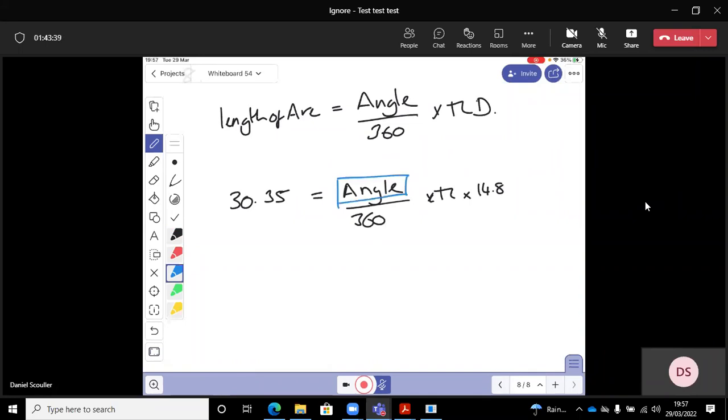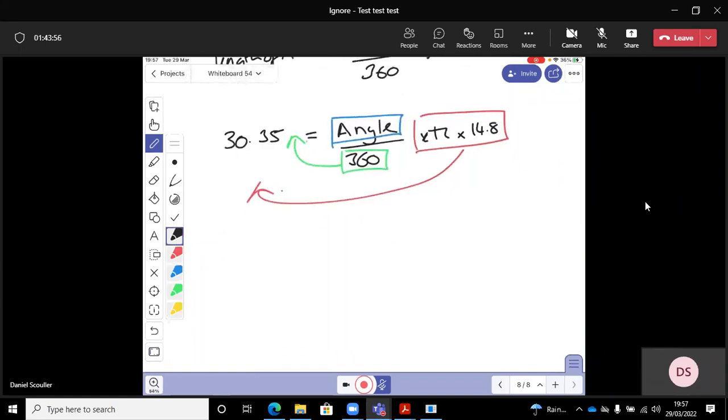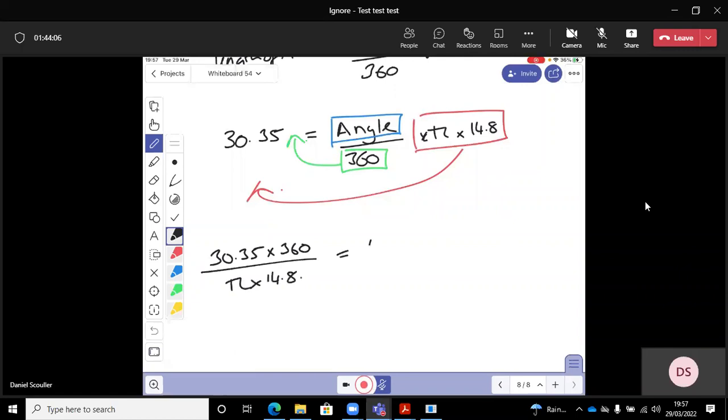The 360 is a divide on the right hand side, so that comes across and becomes a multiply. This bit is a multiply on the right hand side, so comes across and becomes a divide. So we've got 30.35 multiplied by 360 divided by pi multiplied by 14.8 to get your angle.